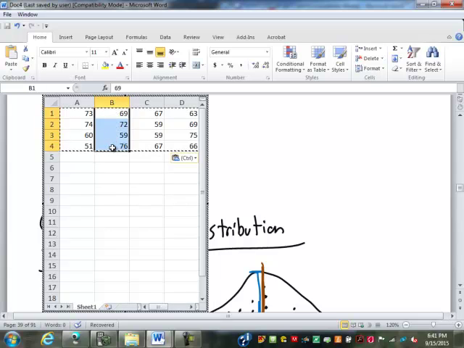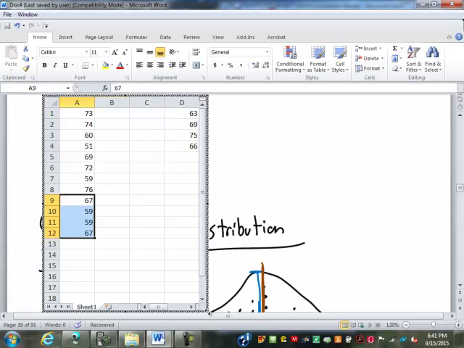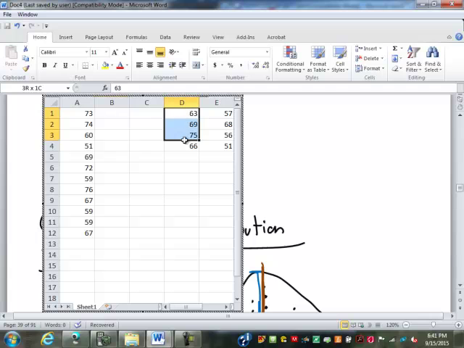Then I got to put them in order, or put them in a row. One more out there. There it is. Okay.